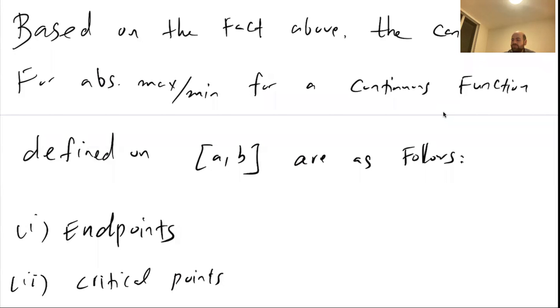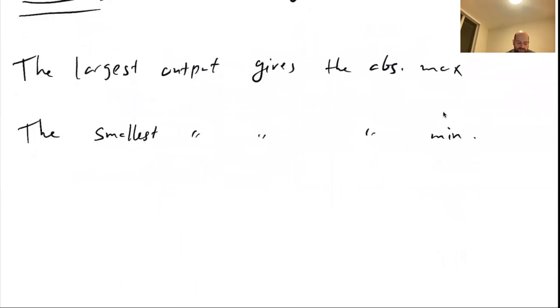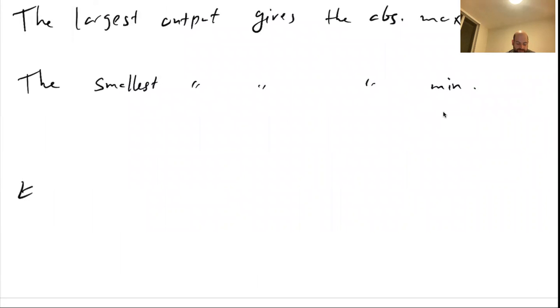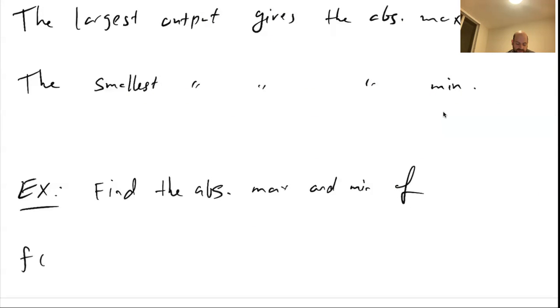Okay, so let me show this in an example. Find the absolute max and min of, let's say, f(x) = x^2 - 2x + 8 on the interval, let's say, 0 to 3.